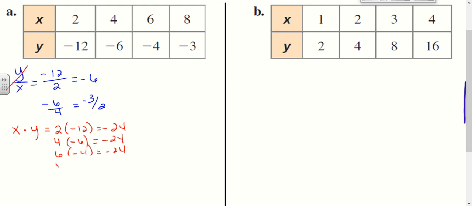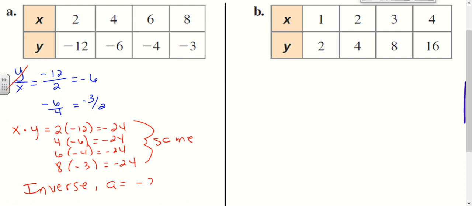And lastly, 8 times negative 3 gives me negative 24. These are all the same. Since they are all the same, it is an inverse variation with a equaling negative 24, because that is the constant that I get every single time.